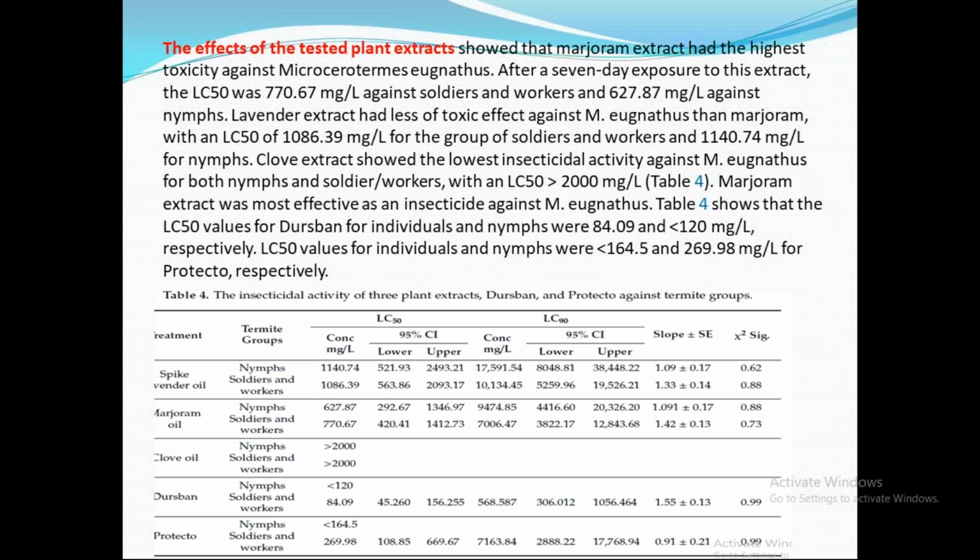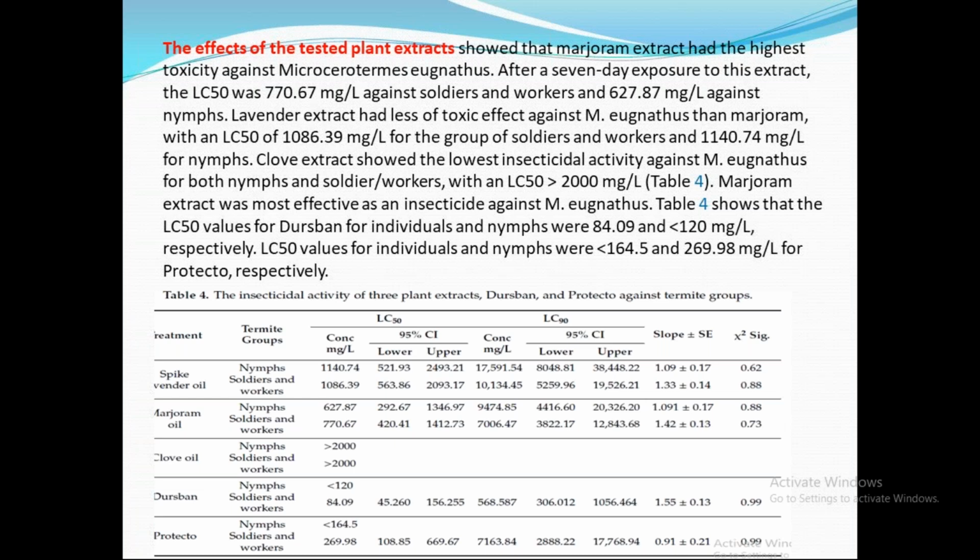The lavender extract had less toxic effect than marjoram, with an LC50 of 1086 milligrams per liter for soldiers, workers and nymphs. Clove extract showed the lowest insecticidal activity against soldiers and workers. So we can see marjoram extract was the most effective insecticide against termites.